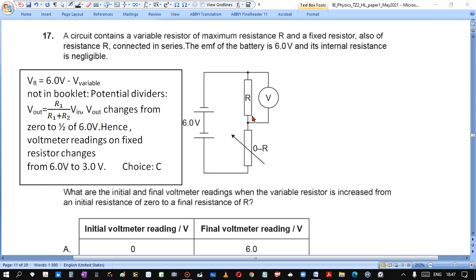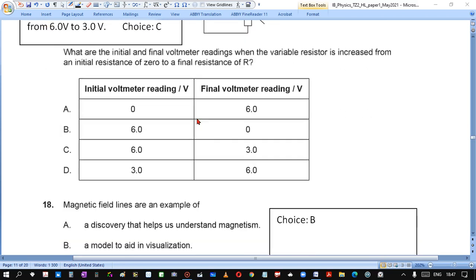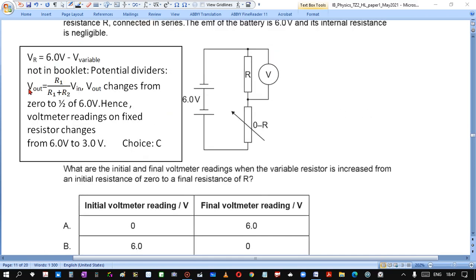So as a result, when this is 0, this is 6, and when this is 3, this is 3. So from 6 to 3, choice C. Here I use formula not in booklet, so you can use output, for example, R1, or actually R2 also can take R2, doesn't matter.